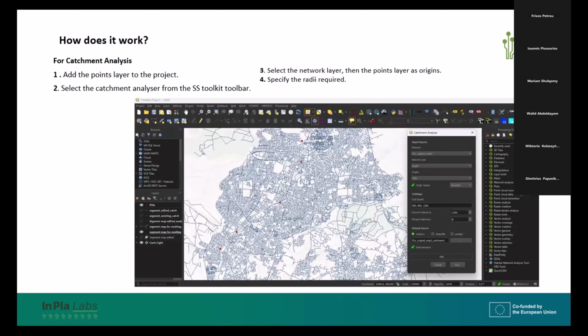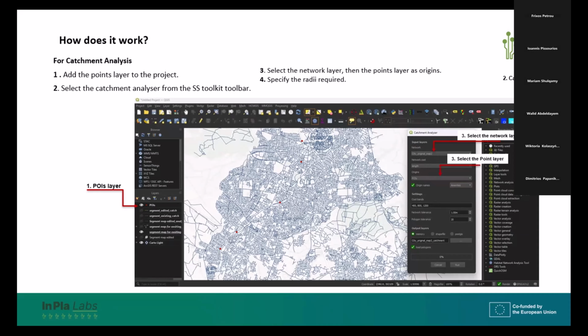For the catchment analysis, we need to input the point of interest layer. So we already have a network now. We add the point of interest and we go to the catchment analyzer. It will open a new window. Here we select the network, and you choose if you want the existing one or the one that you already modified.